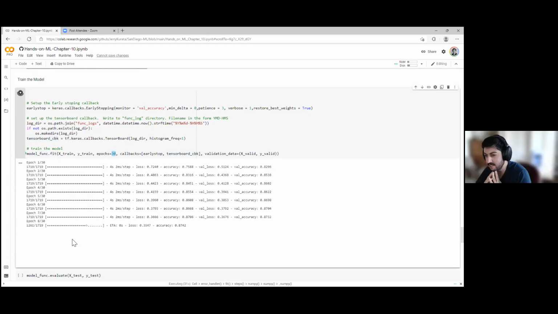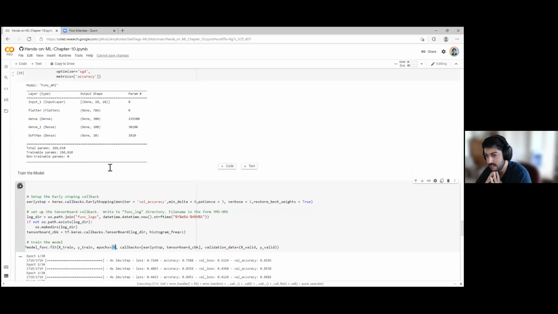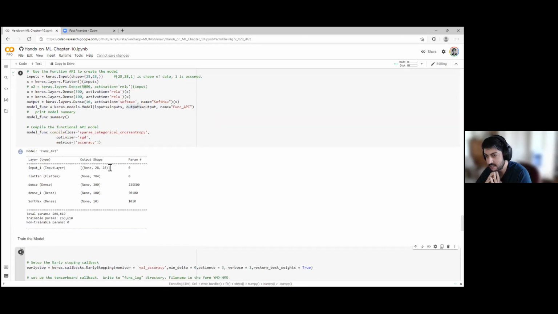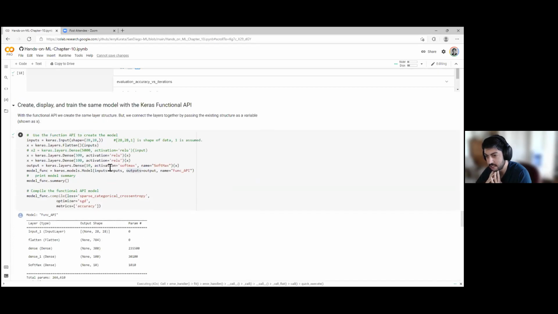So one thing I want to touch on here, if you scroll back up to the model definition section, Keras does this sort of magic thing that simplifies things a lot, where it will infer what the shapes should be.